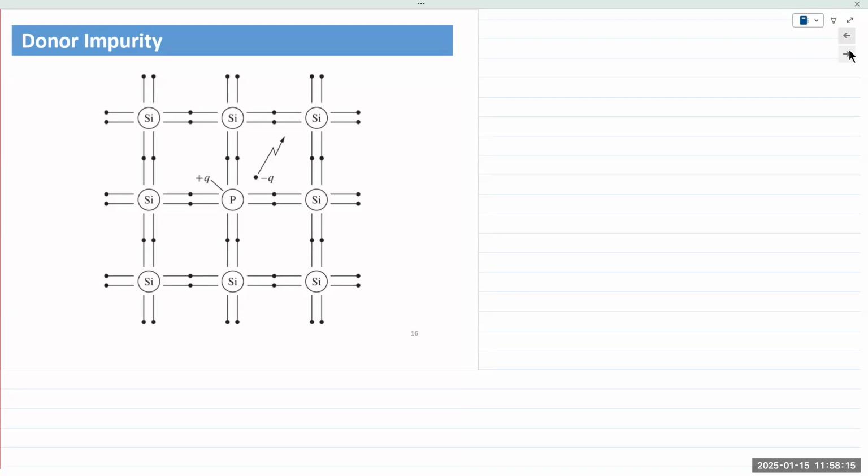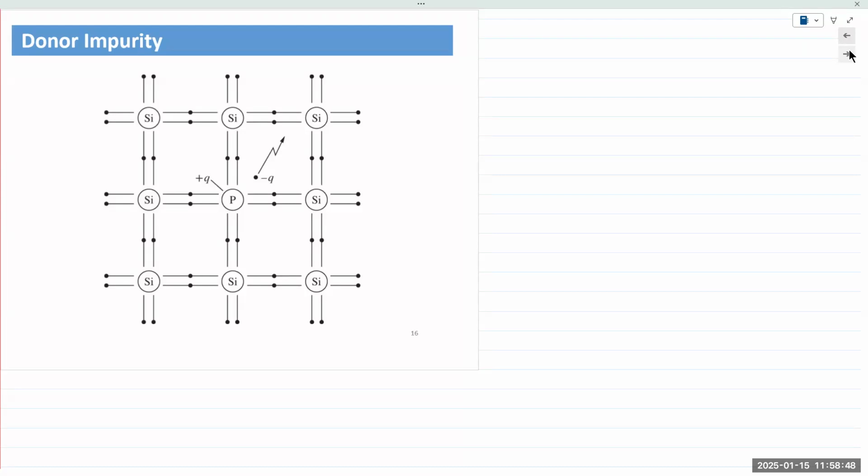So if you introduce an element from column 5 of the periodic table, it has 5 electrons in the outermost orbit. 4 of those 5 electrons will form covalent bonds with 4 silicon atoms. It displaces a silicon atom from its lattice structure, occupies that spot, and forms 4 bonds with its 4 electrons. There is 1 extra electron that is available to now move around freely.